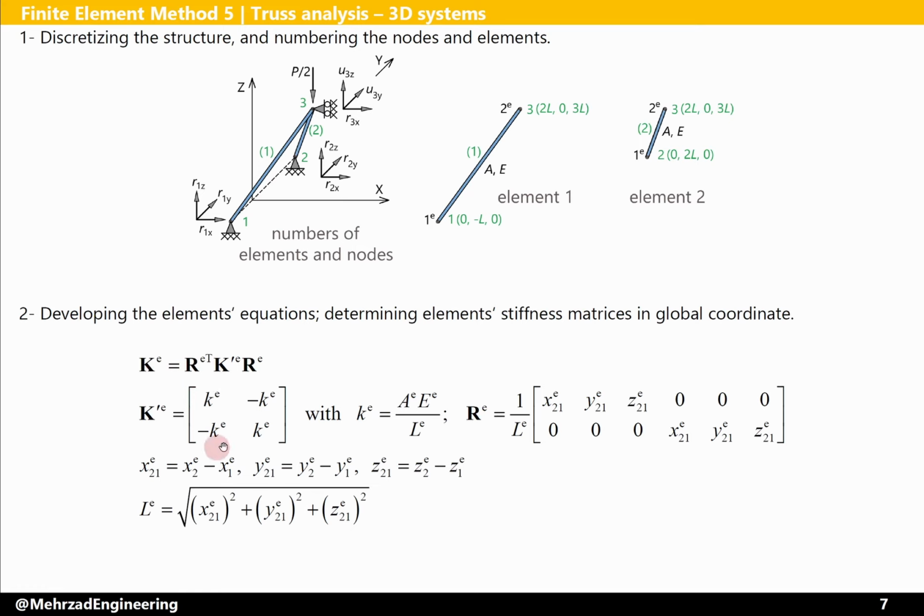K prime E is the stiffness matrix in local coordinate system based on axial stiffness of the element, and Re is a rotation matrix for the element based on nodal coordinates of the element.